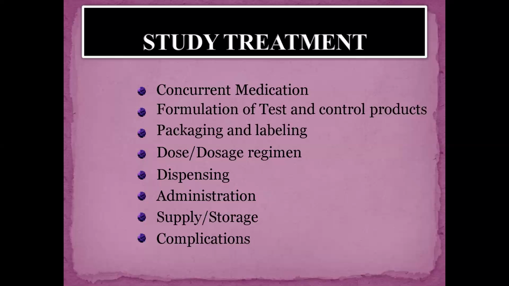And the formulation of test and control products also has to be given clearly in the study treatment: what formulations, what is the dose. Packaging and labeling, dose and dosage regimen, dispensing, administration, supply and storage, how the drug should be stored, and what the complications are, will be included.